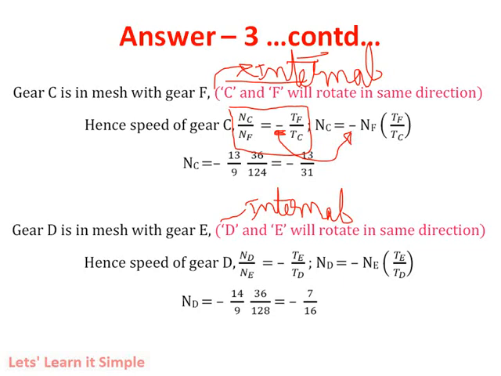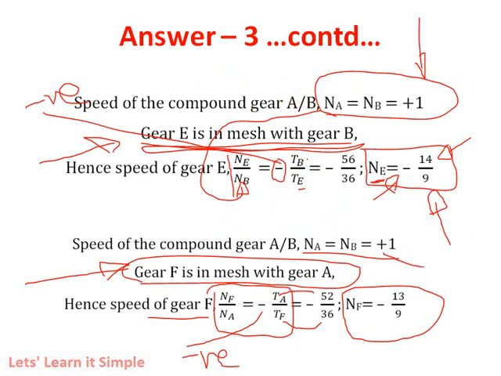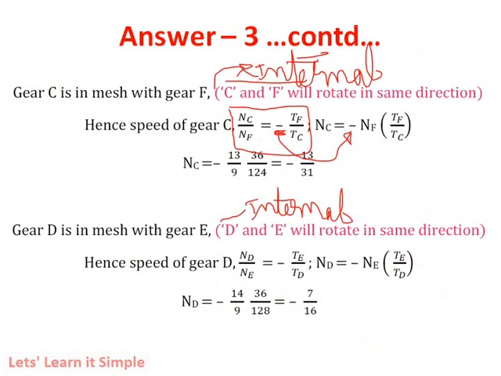Now, what is NF? NF is minus 13 by 9 here. So, NC is equal to minus NF into TC by TF.